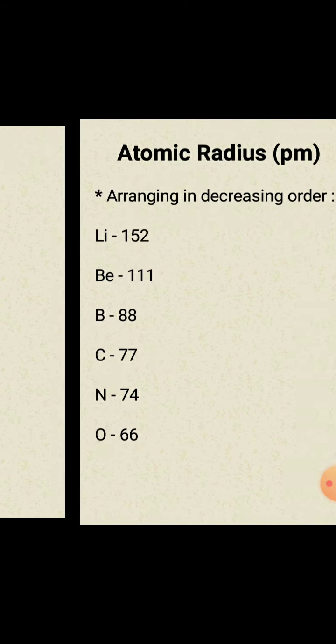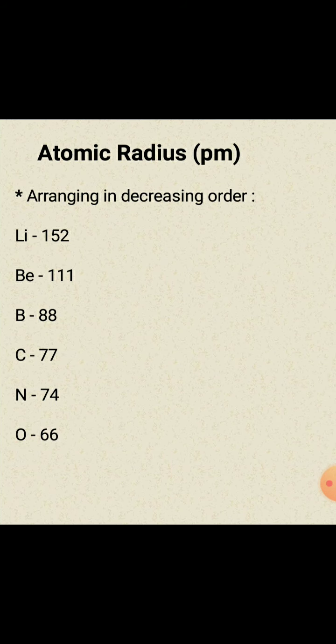Then we will get the numbers like this. What do we observe? When we arrange atomic radii in decreasing order, we observe that the elements are arranged exactly in the order in which they are in the second period.